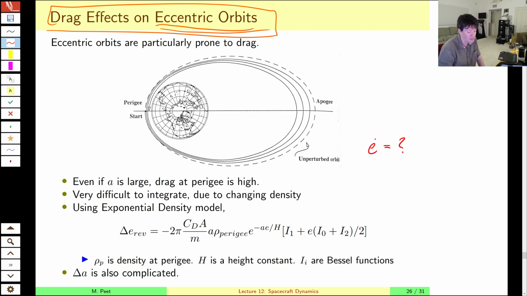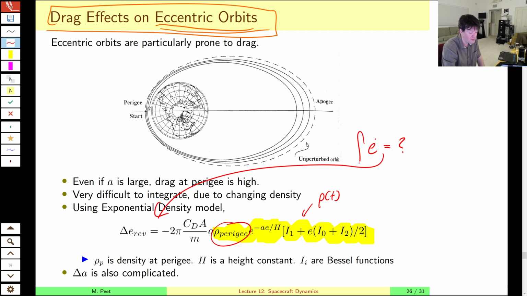We had that big complicated expression, but that required a good model for atmosphere. So we've taken that expression for e dot and plugged in a model for atmosphere over a revolution. We've integrated it, and we get the change in eccentricity over a single orbit.